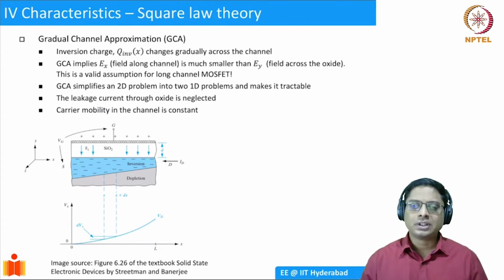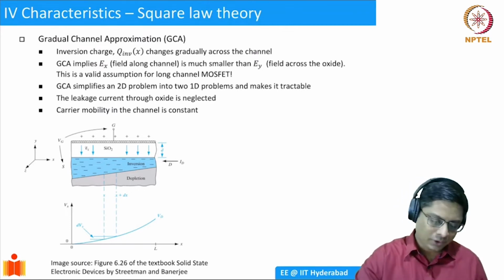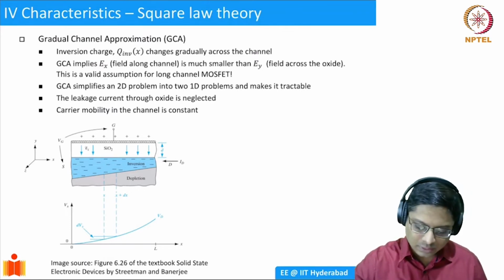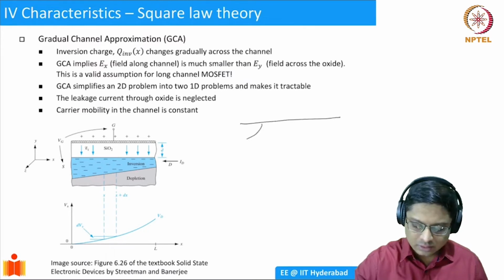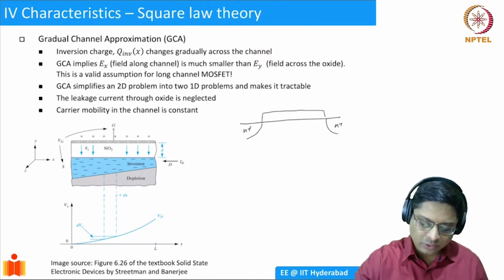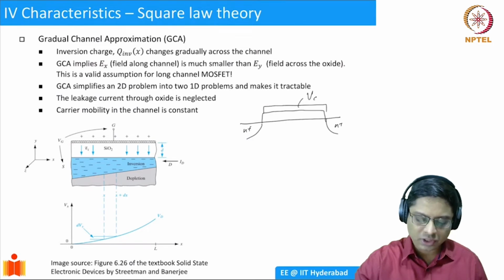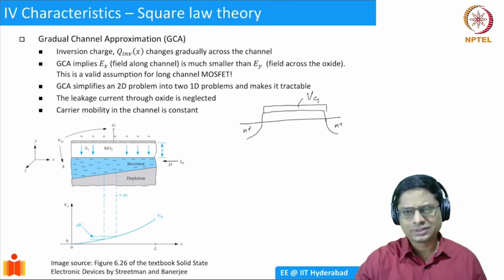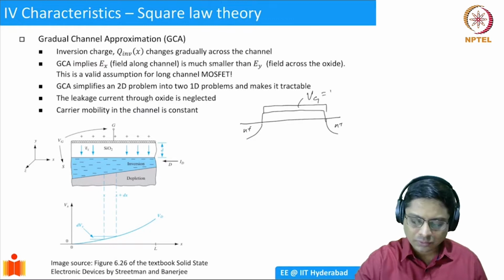So what we are saying is, let's say you have a MOSFET with the source and the drain, and an oxide on top, and now this is the gate. Let's say VG you are applying is equal to 1 volt.